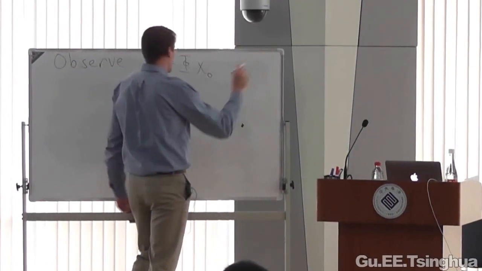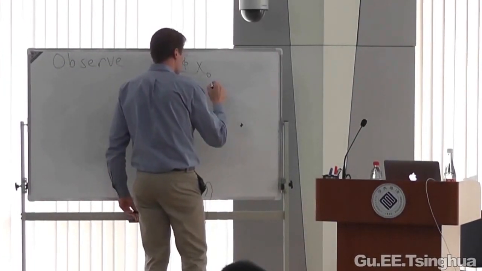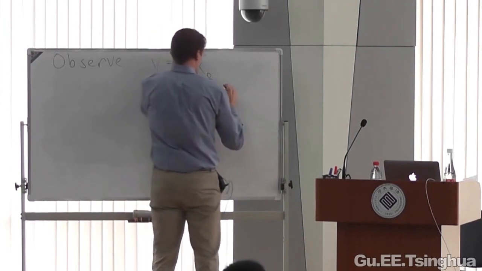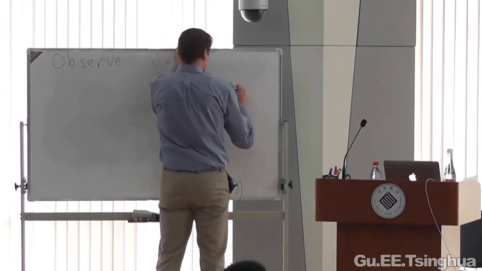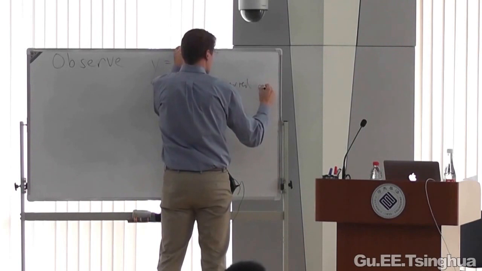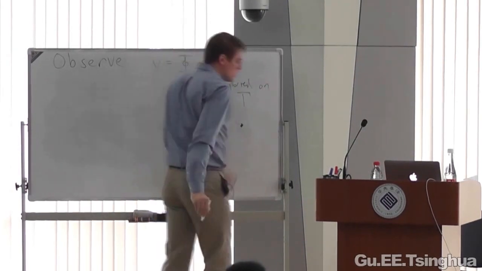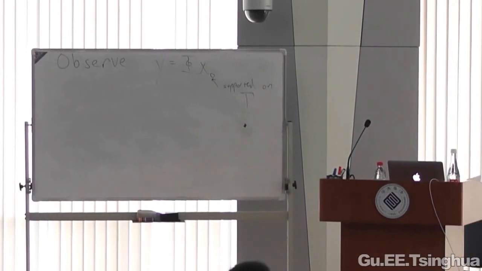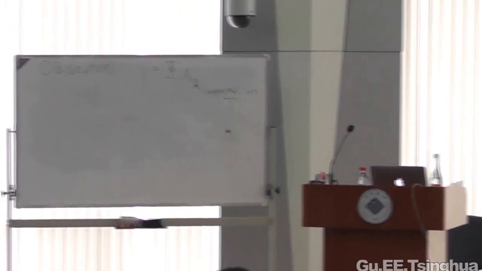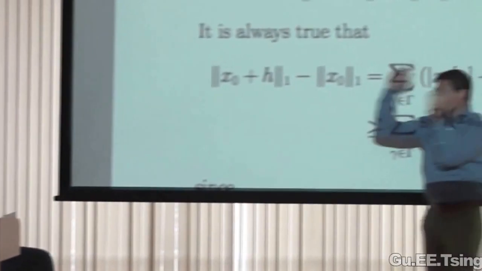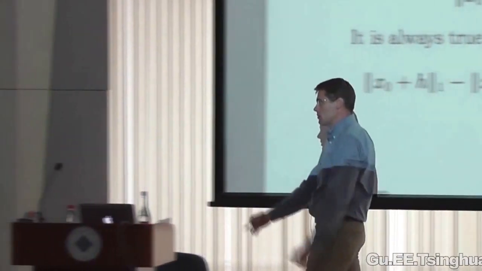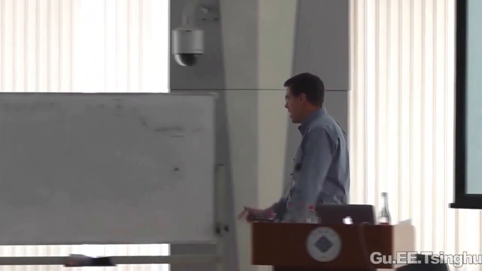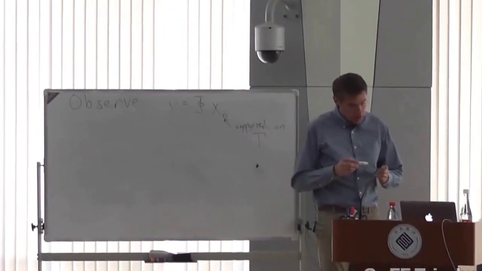We'll say that this x naught is supported on gamma. What I mean when I say supported is that gamma is an index set, some subset of 1 to n, and those are just the locations of the non-zero terms of x naught. So this gamma is what we'll call the support.